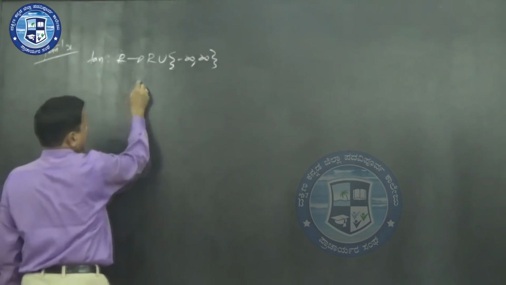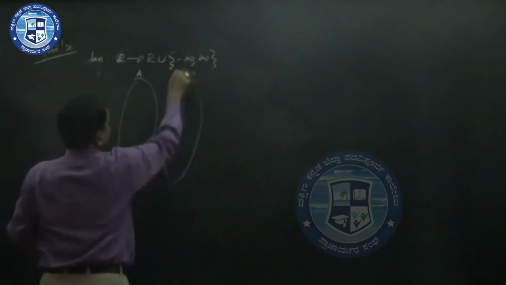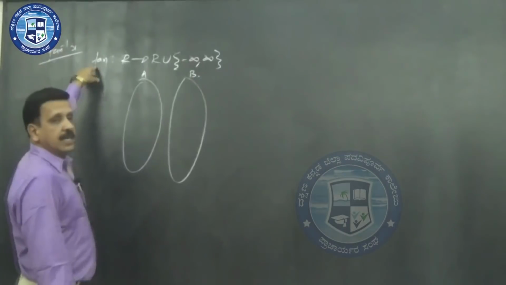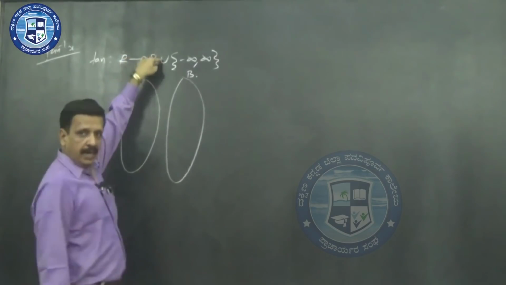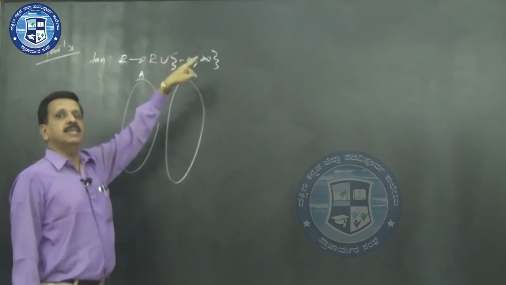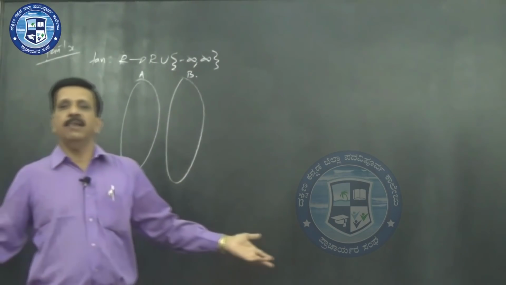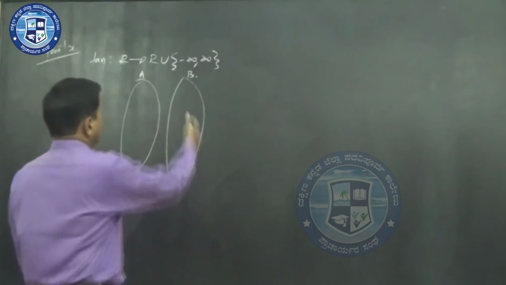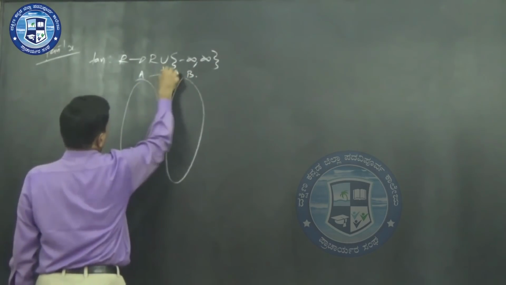I have taken set A as real number set A, and this is set B. The tangent function which maps real number set into real number union minus infinity comma plus infinity. Means any variation between minus infinity and plus infinity, let us consider. And this is set A, this is set B, this is tan function.